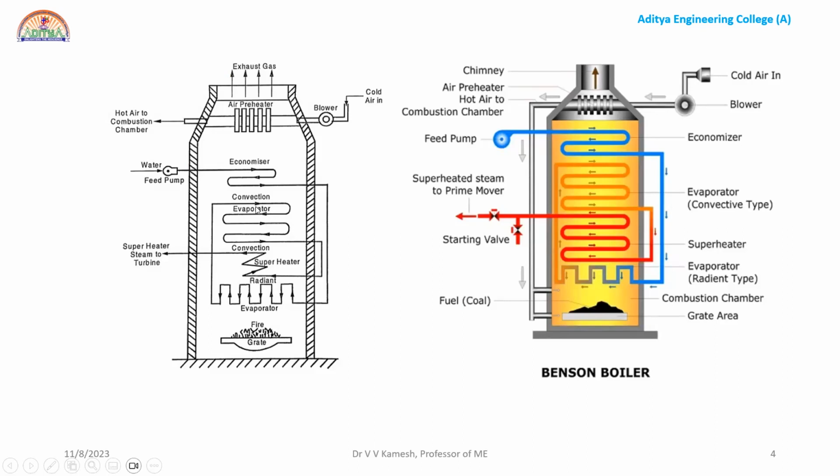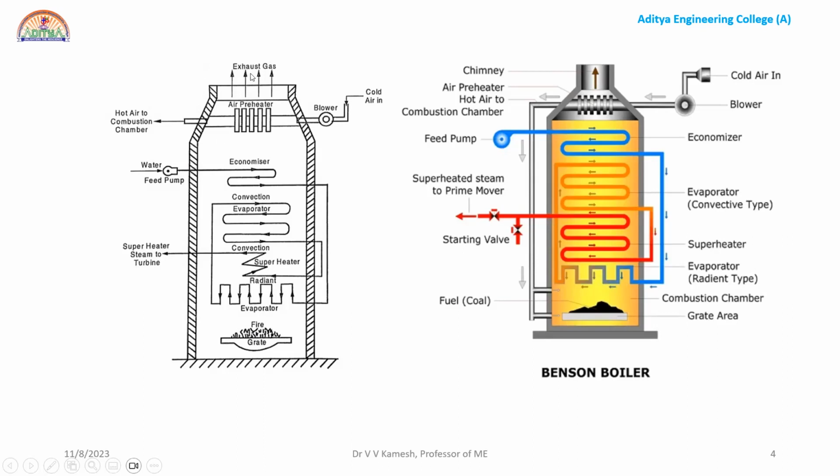Now, the economizer, convection evaporator, convection superheater, or radiant superheater, whatever it might be, are all directly exposed to your fire and the hot gases produced. Don't look at the pipes now; look only at the shell and fire. Once the fire is initiated, the hot gases will go upward.